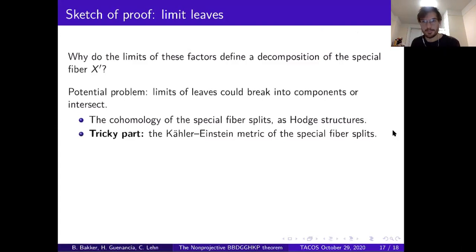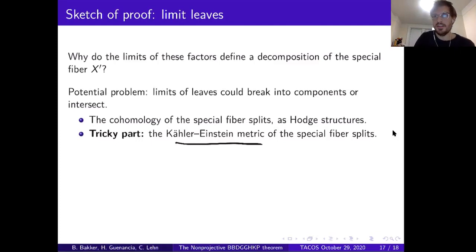And second, the Kähler-Einstein metric on the special fiber similarly splits with respect to the splitting of cohomology. In particular, the cohomology class of this metric respects the splitting of the cohomology. So this requires some care.